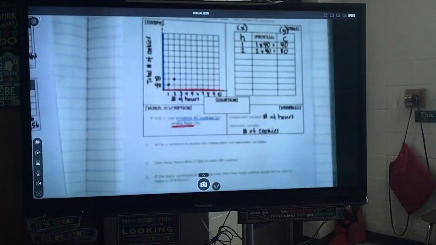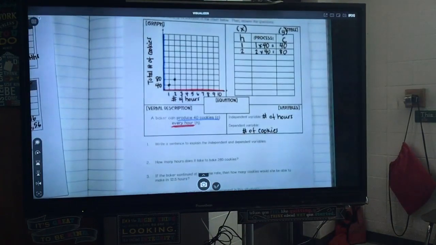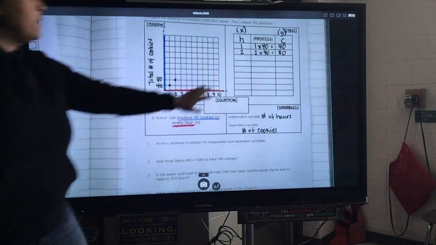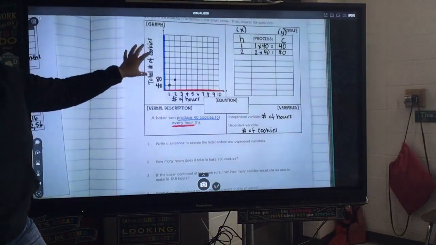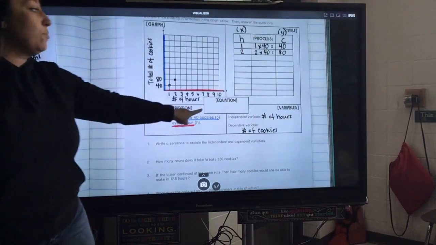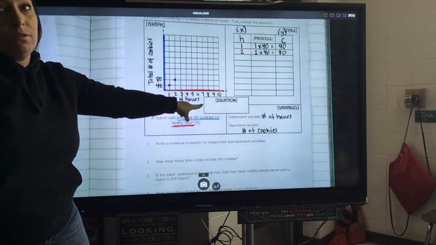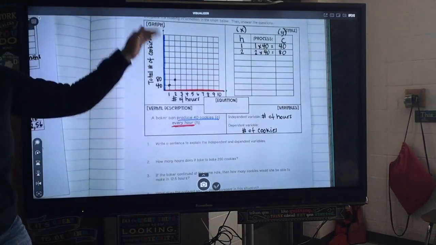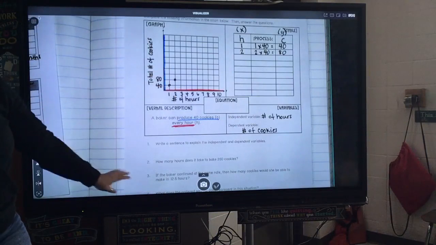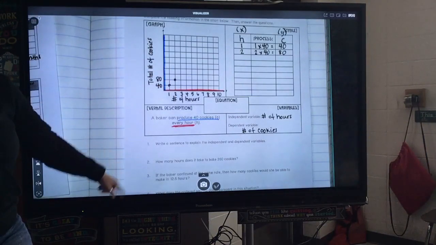So, come on, focus. As a group, you are finishing the table, okay? As a group, you're finishing the graph. As a group, you're writing your equation, which technically you should already know, right? Because we've done part of it in our graph. And then as a group, you're answering 1, 2, 3, and 4.